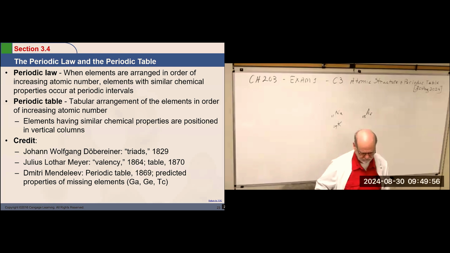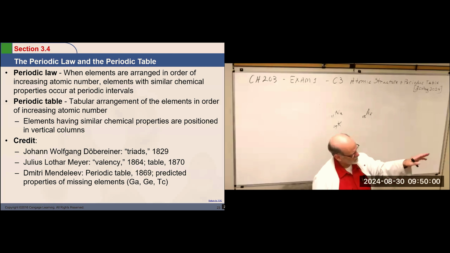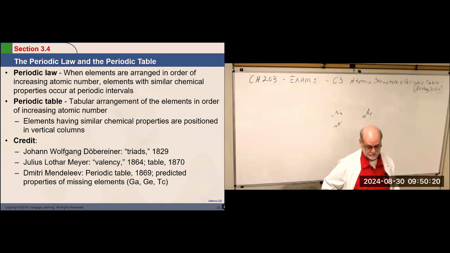In fact, he predicted gallium and germanium. If you look over there, aluminum, Al. Underneath is gallium. To the right of it is germanium. There was another one, technetium, which is radioactive. It's under manganese. And there was another one that I left out there, scandium, Sc, right next to calcium. He predicted that one also.